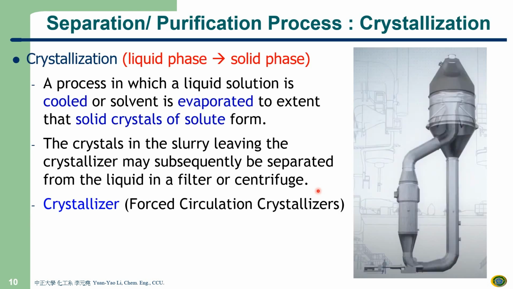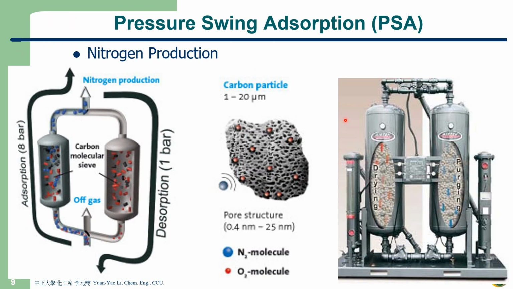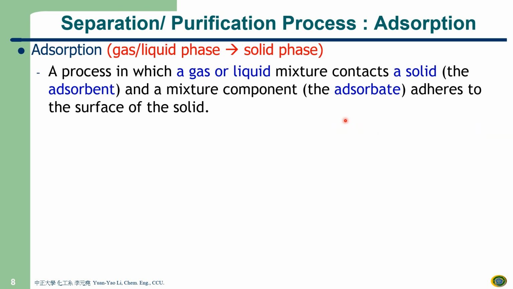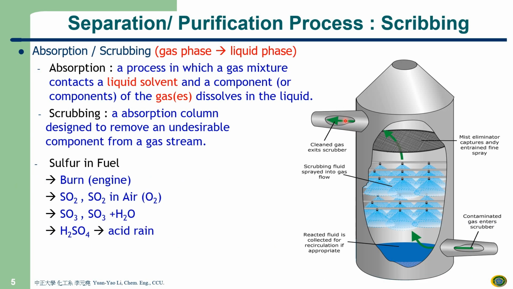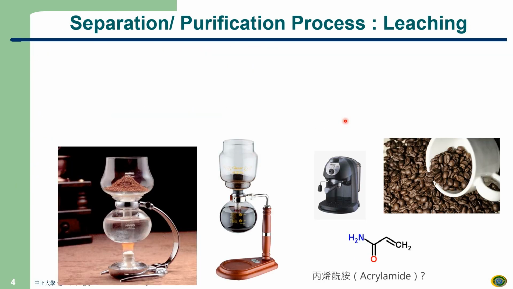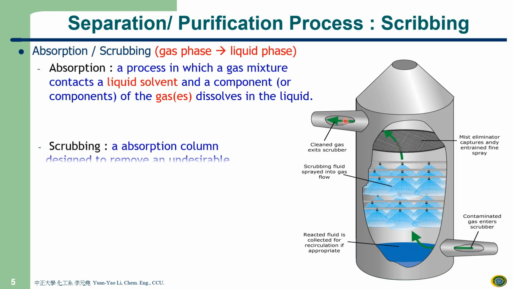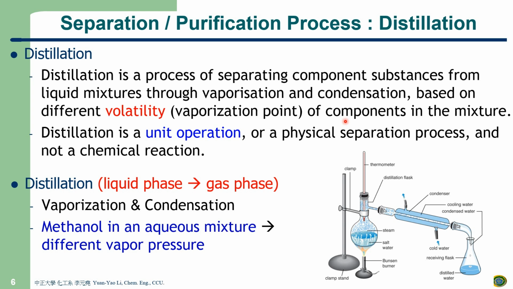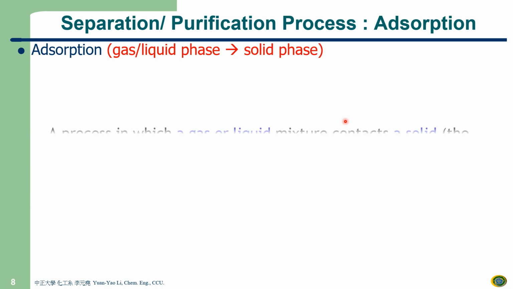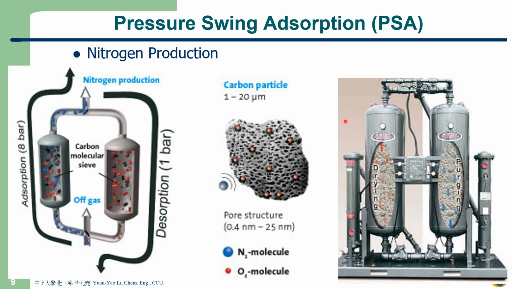So these are the crystallizer, and PSA, pressure swing adsorption, and liquid extraction, and distillation, scrubber. These are all the processes of unit operation. So I think you will learn this when you go to the second year. Important to design the process and also how to make it cost effectively.